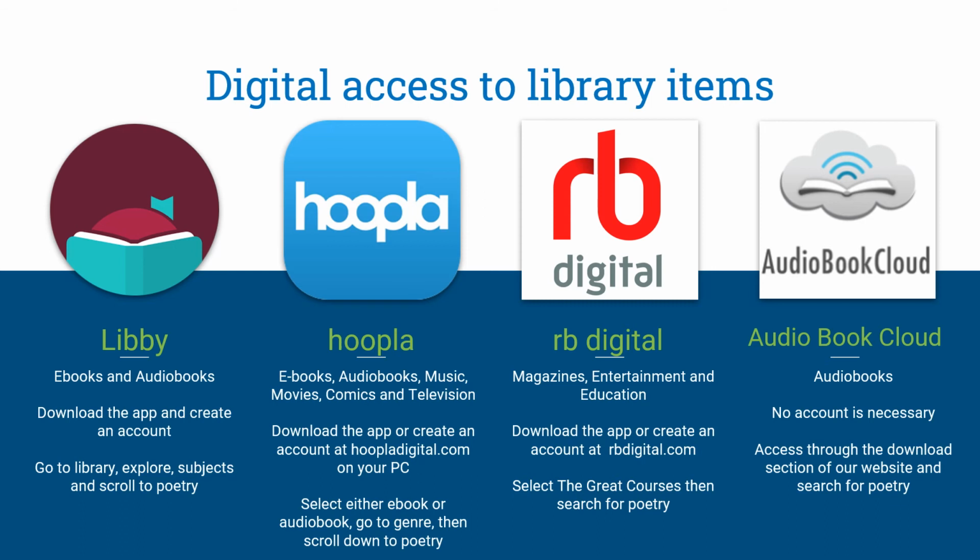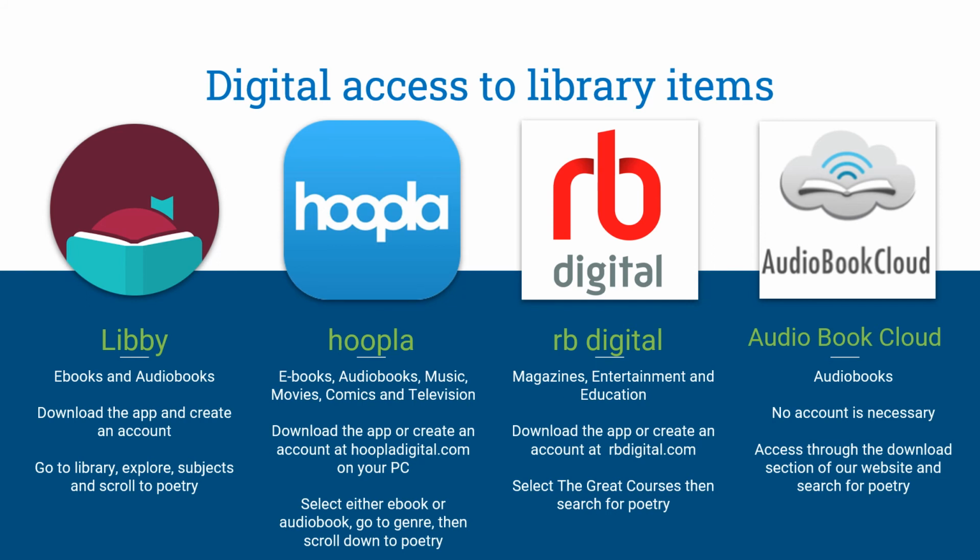You can also try Hoopla, which has ebooks and audiobooks. And then, generally speaking, it has a ton of music, movies, comics, and television. You'll have to download the app, or you can create an account at hoopladigital.com right on your PC. Once you're in, select either ebook or audiobook, go down to genre, and then scroll down to poetry.